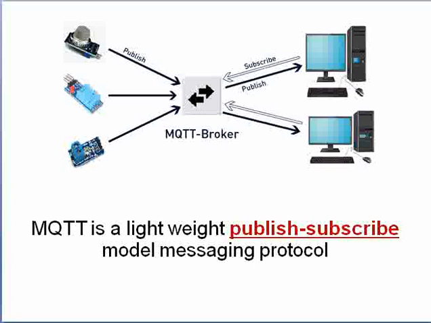It is not too protocol intensive, in the sense there is not too much complexity, and it fits into the modern day IoT requirements. And this basically works on the publish and subscribe model. We will talk about publish and subscribe in the coming slides.